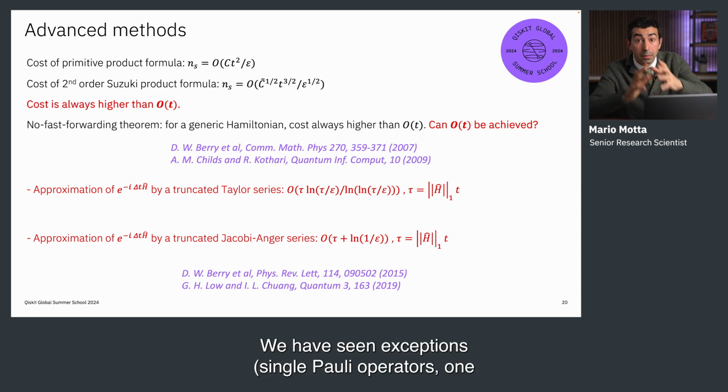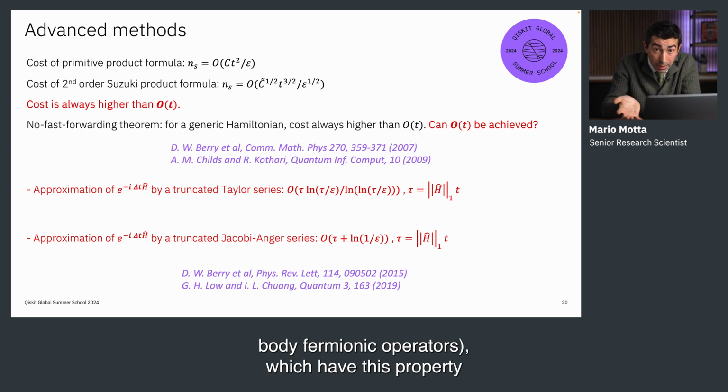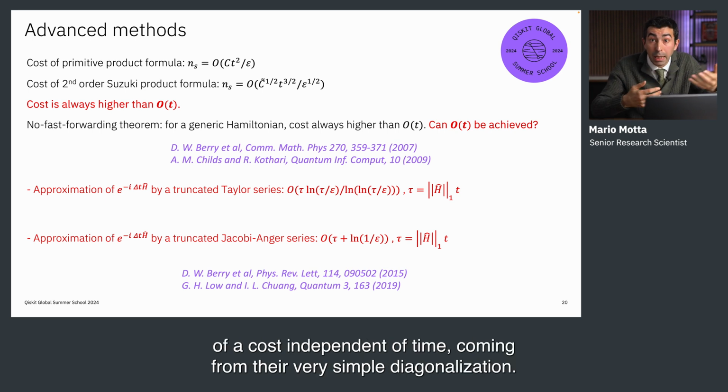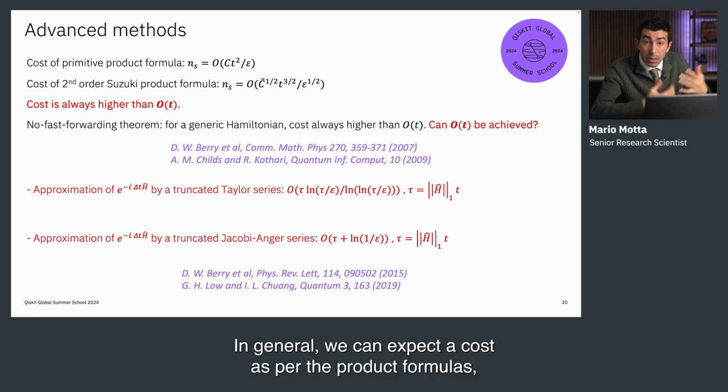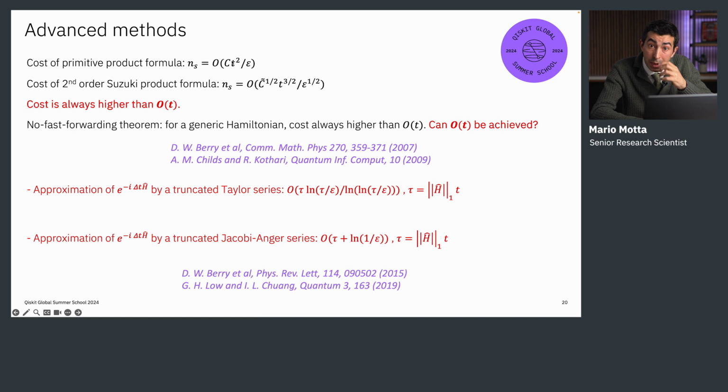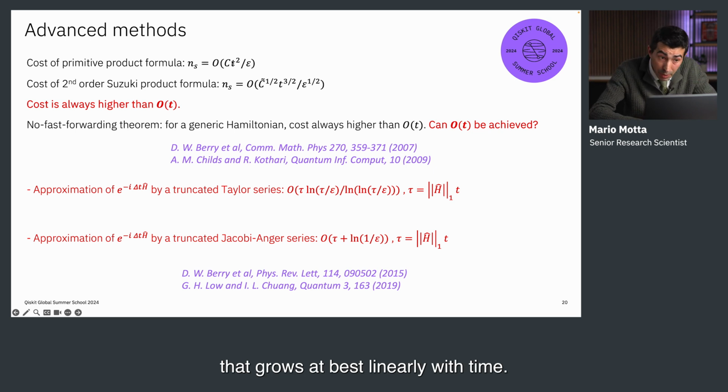We have seen exceptions, single Pauli operators, one-body fermionic operators, which have this property of a cost independent of time coming from their very simple diagonalization. In general, we can expect a cost as per the product formulas that grows at best linearly with time.